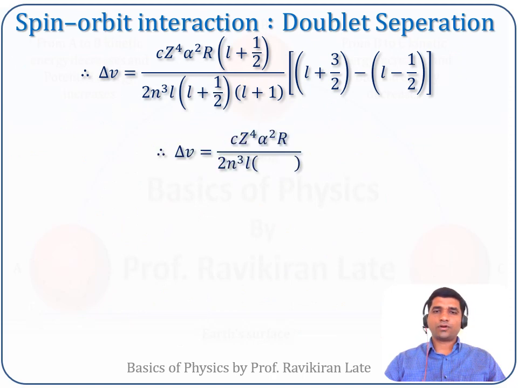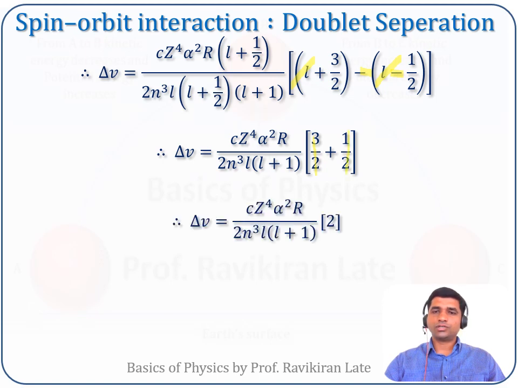Now from this one, if I open this bracket, this L will cancel with this L. So this will be 3 by 2. This minus becomes plus, so it will be plus 1 half. So 3 by 2 plus 1 half will be 4 by 2, which is nothing but 2. So these two will cancel with these two.